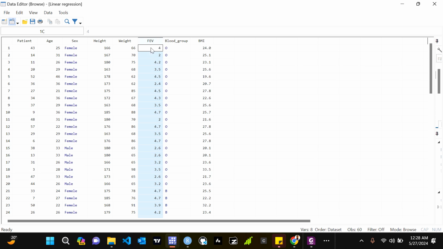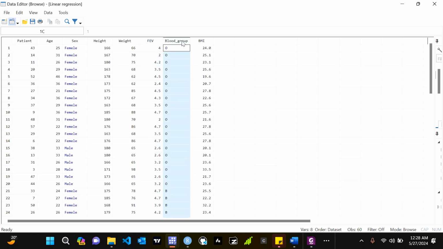It is used to determine pulmonary function, how well your lungs are functioning. You blow air into a machine that measures this value. So that's how these patients were taught to blow air into this machine and gave this value.